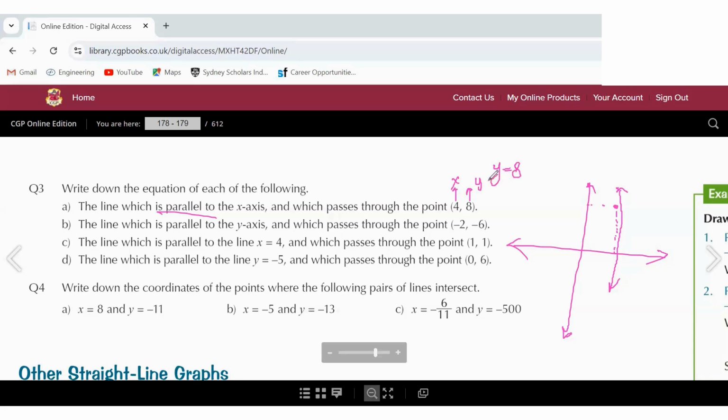Got it? If so, then the B question. Now I'll not help. Let us see how you get it. The line which is parallel to y-axis and which passes through the point (-2, -6).